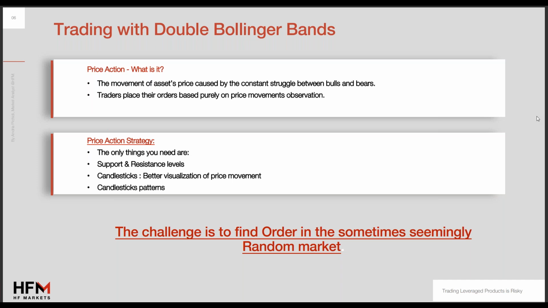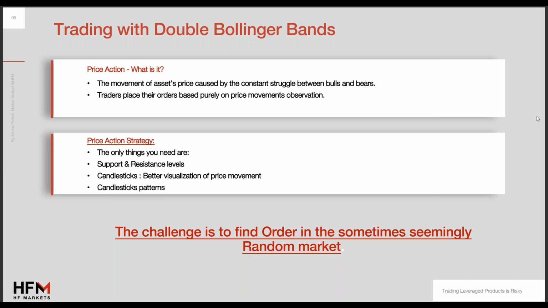So what we call price action is basically purely the movement of the asset. Let's say gold, for example. Price changes over time, right? So these changes that we are seeing in the price are what is called price action, the movement of any asset.